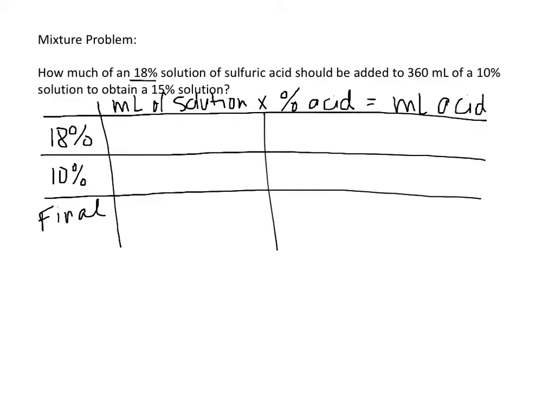So it asks us how much, so that's going to be x. Our percent acid is 18%, so 0.18x. On the next one, we have 360 milliliters and 10%.